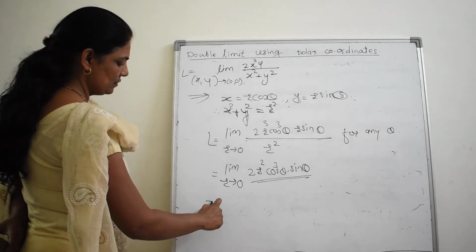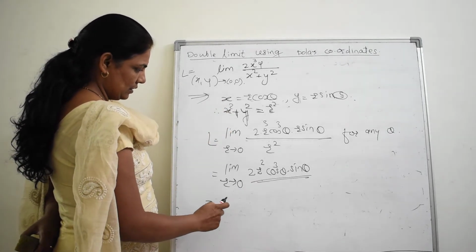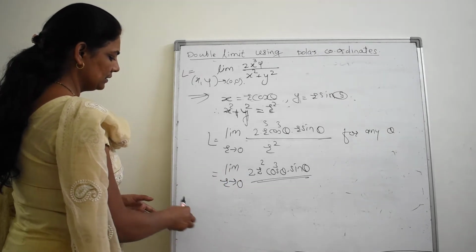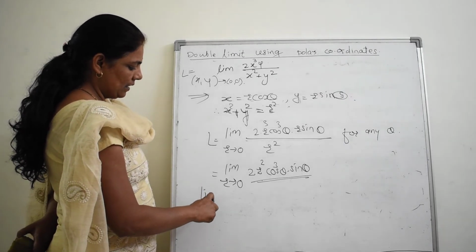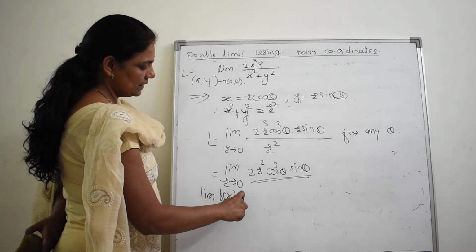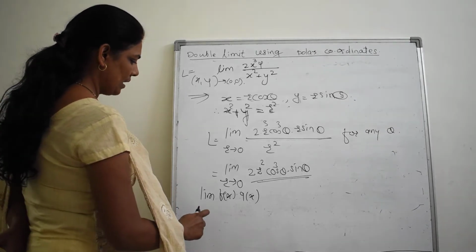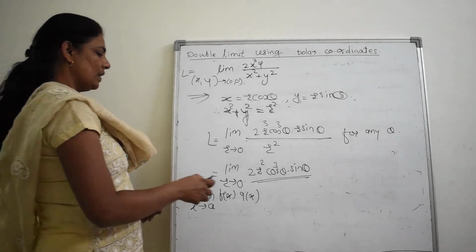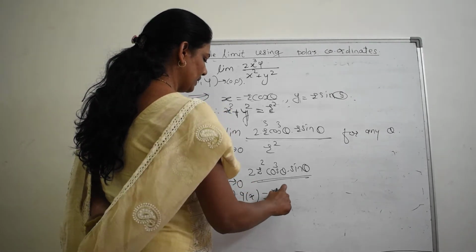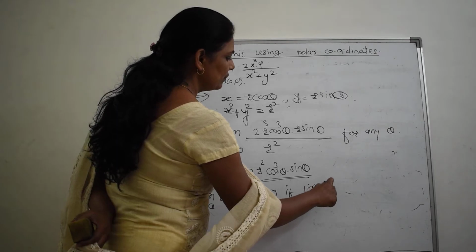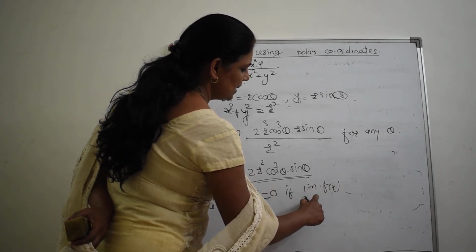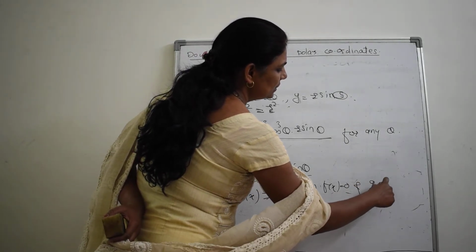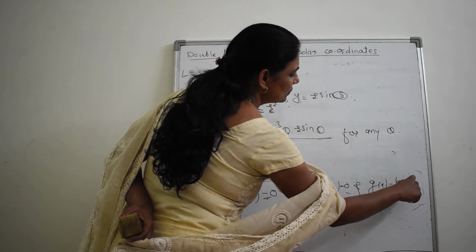Now here we apply one theorem. The theorem says that the limit of f(x) times g(x) as x tends to a equals 0 if the limit of one function, say f(x), as x tends to a is 0 and the other function g(x) is a bounded function.